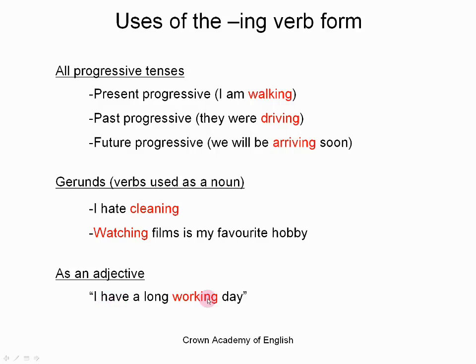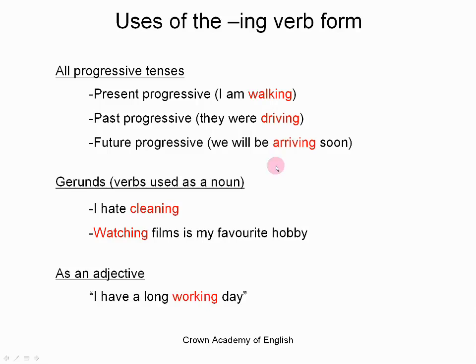Day is the noun, and it is the object of the verb I have. I have a long day. What type of day is it? It's a working day. So the word working here is an adjective, even though it's a verb. It's a verb being used as an adjective.